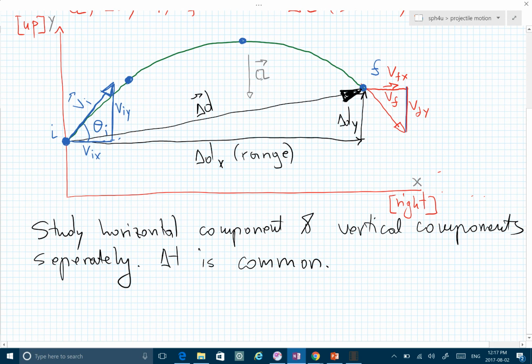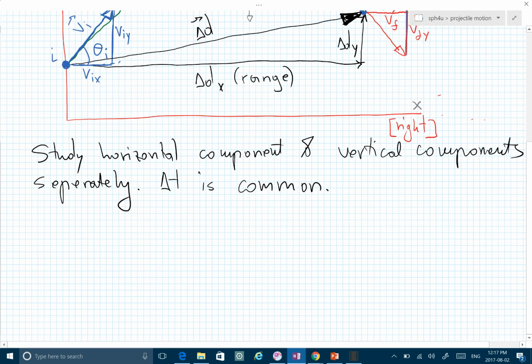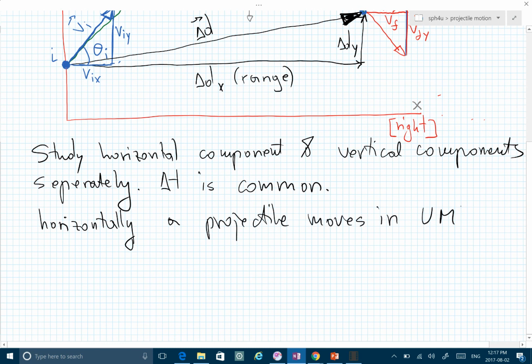It's independent pretty much. It doesn't matter what happened, all right? So what's going on is, from the horizontal point of view, as you may have seen in the basketball video analysis, horizontally, a projectile moves in uniform motion. Why are we saying that? Because ax is 0, right?